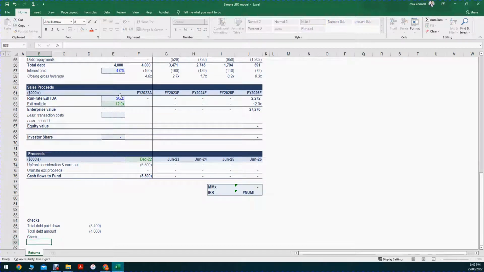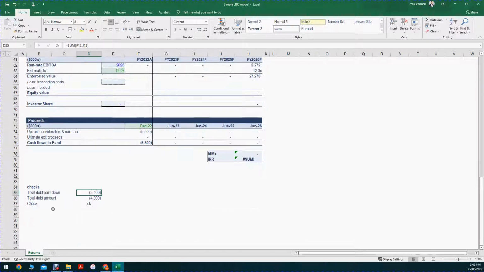And check equals if that is less than that, okay, otherwise error. Sorry, got the sign around the wrong way. Okay, so there's our first check.